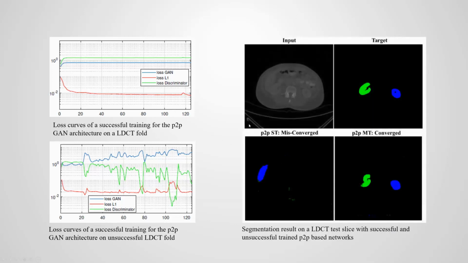The figure also shows an example of the achieved segmentation results, at the bottom. Notice that if Pix-to-Pix is not successful in converging, it means that the discriminator wins the challenge and the generator cannot produce accurate enough outputs to fool the discriminator.